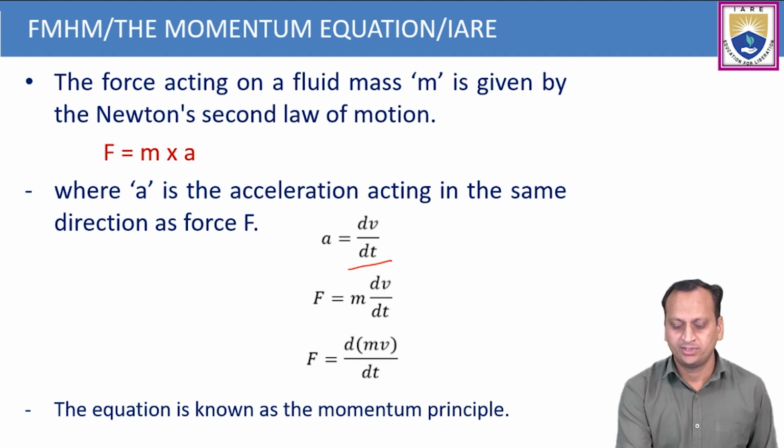If you substitute a in F equals ma, this can be written as F equals m into dv by dt. Otherwise we can write F equals d(mv) by dt. Here d(mv) by dt is the rate of change of momentum.